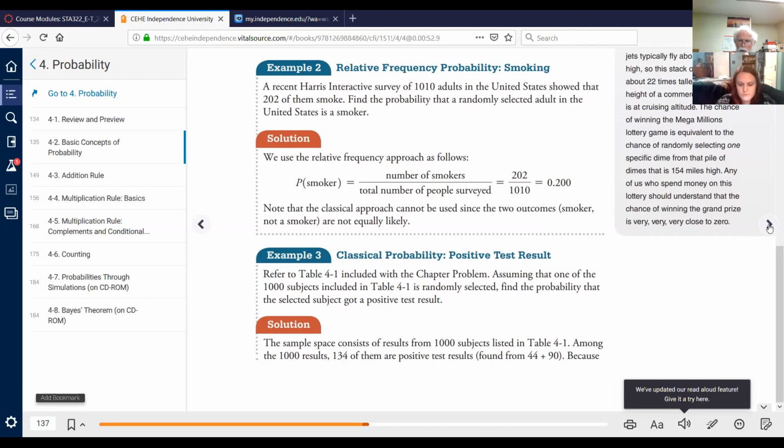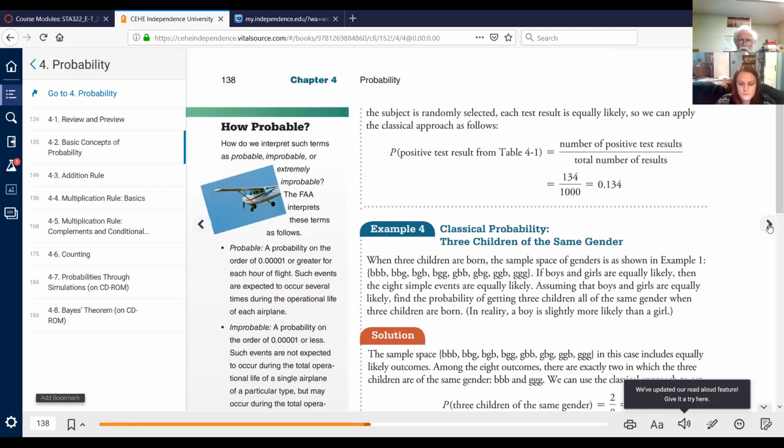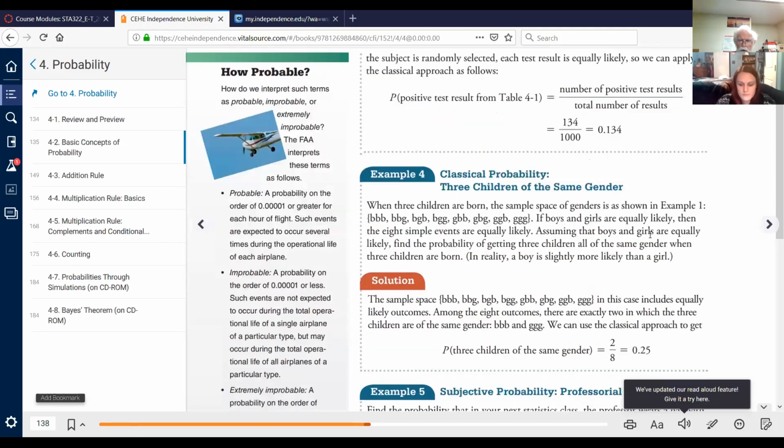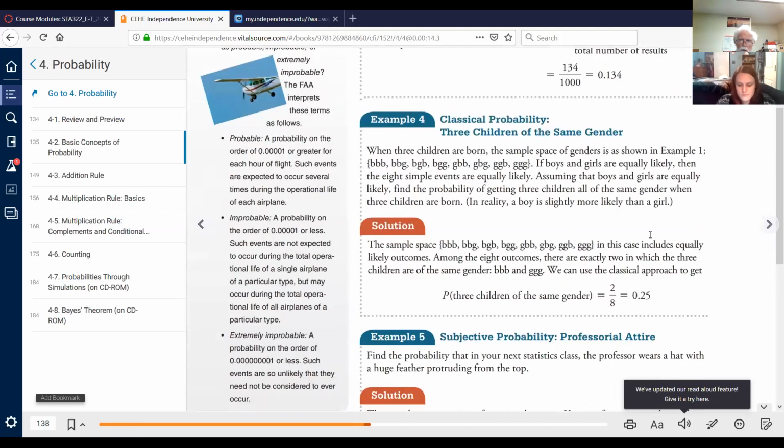So I'll leave it to you to look at the probability here, based on the preview of this chapter, which talked about drug testing, I think probably for marijuana, and there were 1,000 subjects tested. 86% of them tested as not having any drug on board, and claimed that they were non-drug users.